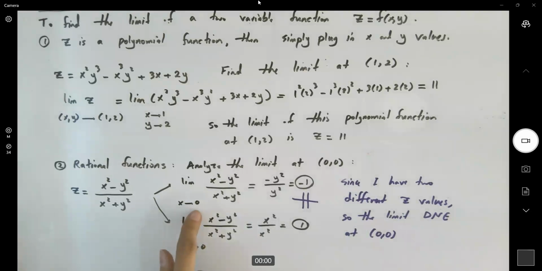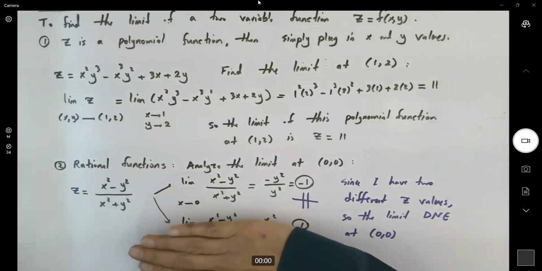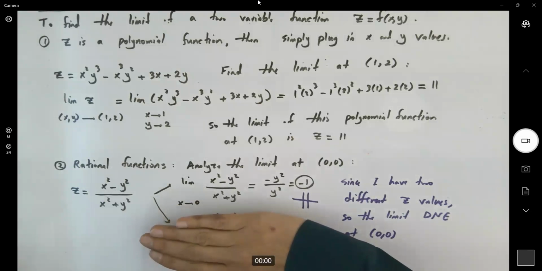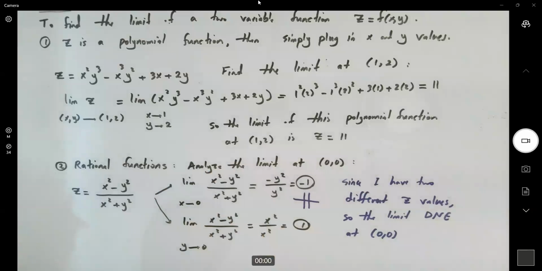So you can just use the method of plugging values step by step. The very first value 0, the second value 0, one by one. Check to see if you can simplify your function. If you can simplify your function, you're lucky. Sometimes it works. And then you get two different z values. So since z values are different from each other, the limits are not the same. It means that the limit doesn't exist at 0 and 0.